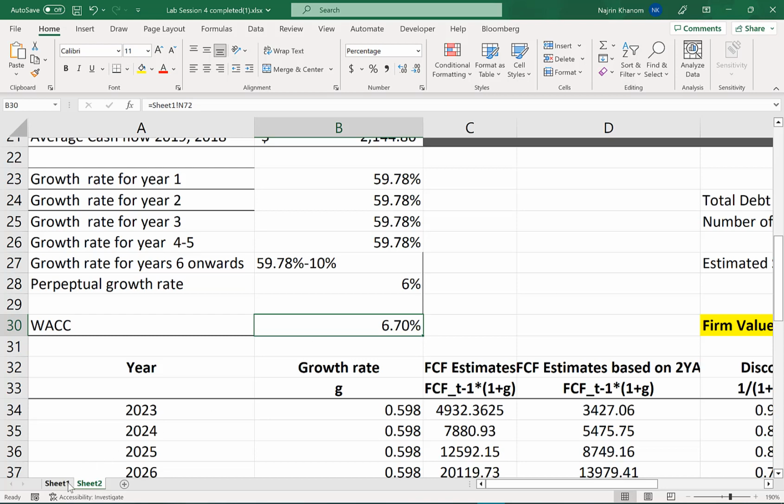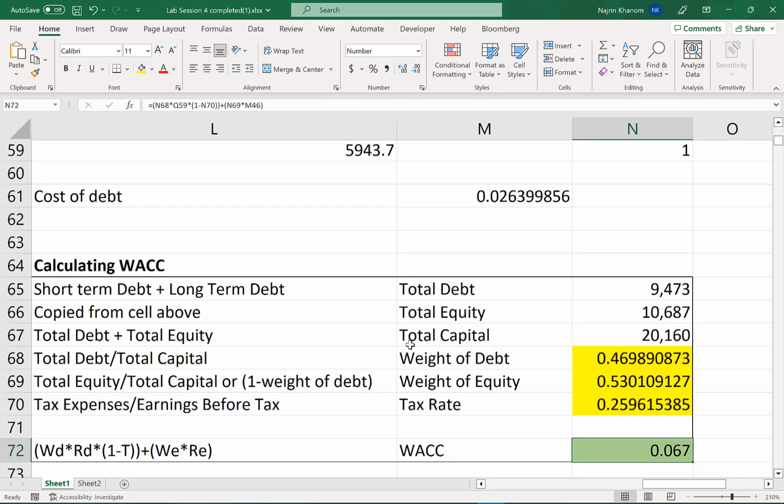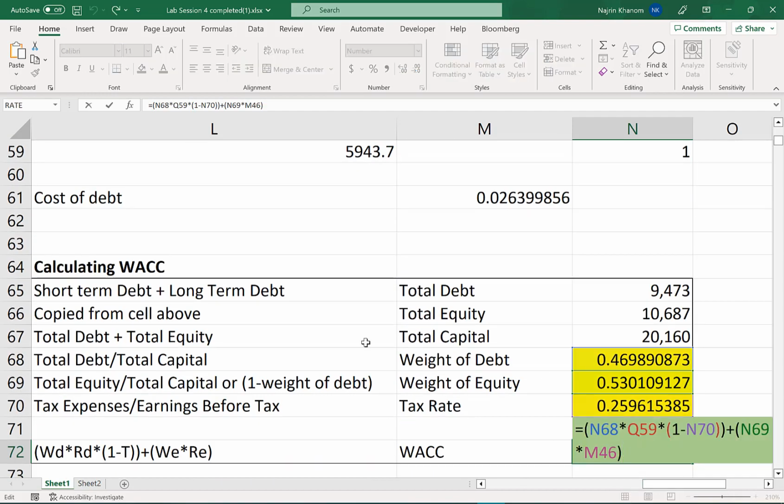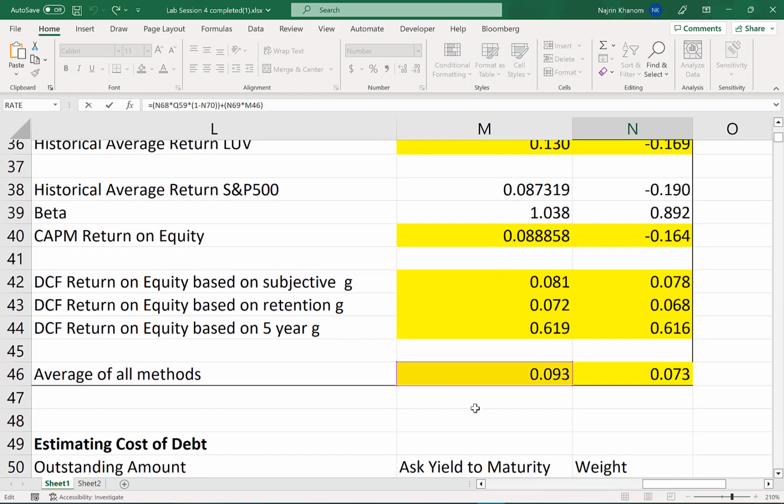So one suggestion that was made in class was, here the cost of capital is estimated using the average of what seemed a more reasonable cost of equity.